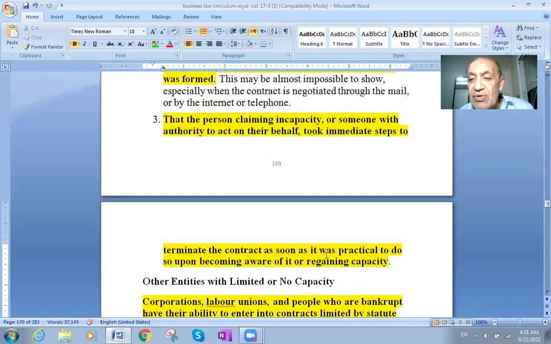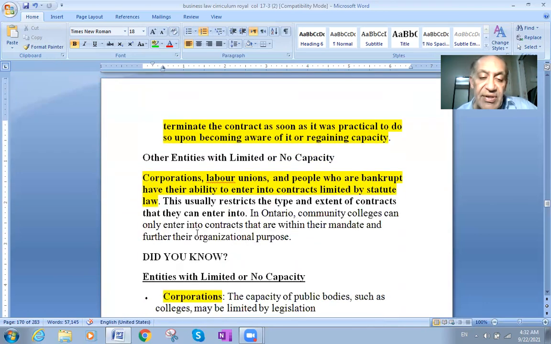So it asks, did the person who was not in full capacity take action after signing the contract or not? Did he take action to correct what happened and to stop everything regarding the contract, or did he not do this?